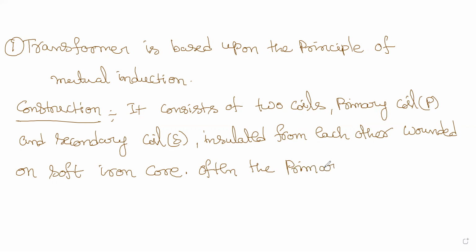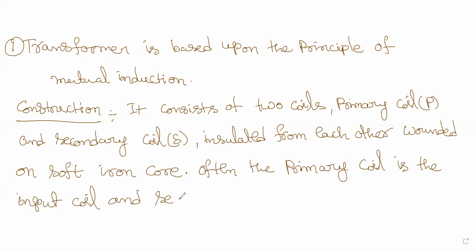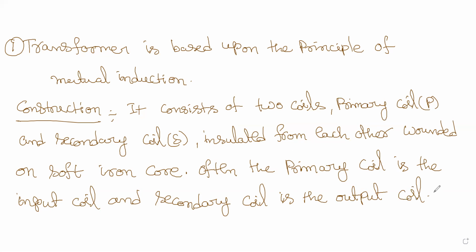The primary coil is the input coil, and the secondary coil is the output coil.